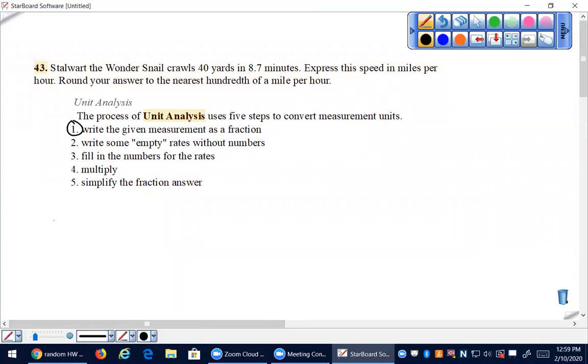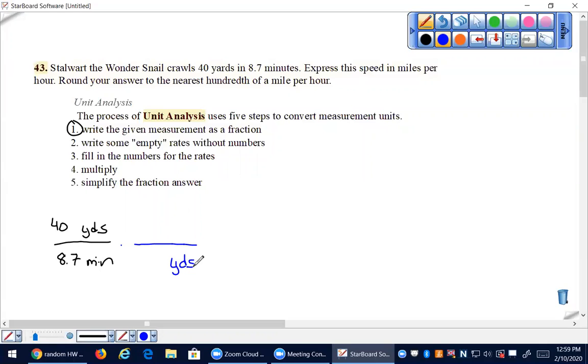Okay, step 1, write it, 40 yards, 8.7 minutes. So don't think too much. You are thinking way too much. The whole point of this process is it does all the thinking for you. So I want to get out of yards. Do I know how to get from yards all the way to miles?